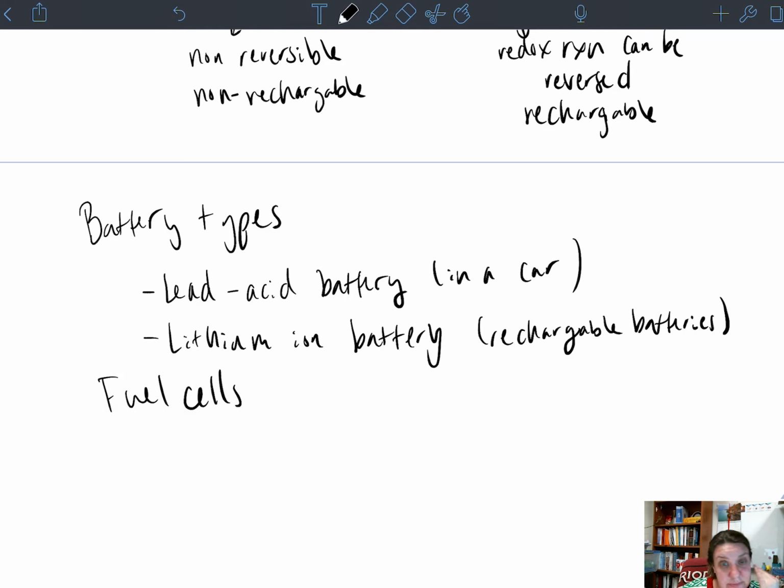A fuel cell is a similar idea to a battery, but it's going to convert chemicals into water, producing electricity in the process.